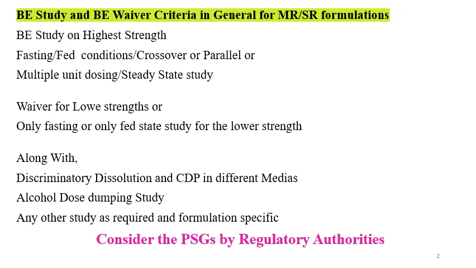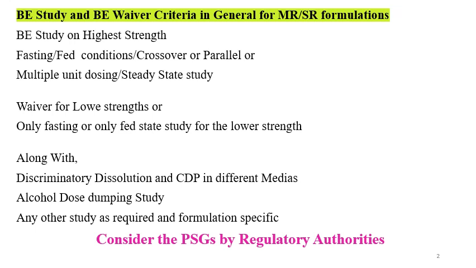Along with these bioequivalence studies, the regulatory authorities require discriminatory dissolution. Also, a comparative dissolution profile is to be done in different media with the pH range of 1.2, 4.5, 6.8, and in some cases along with the QC release media.